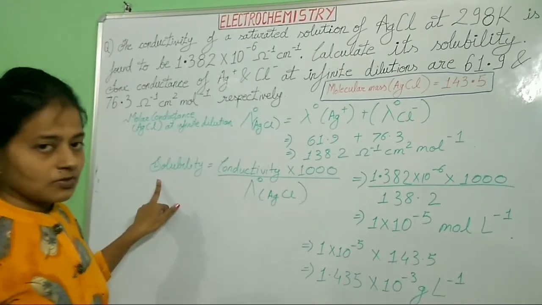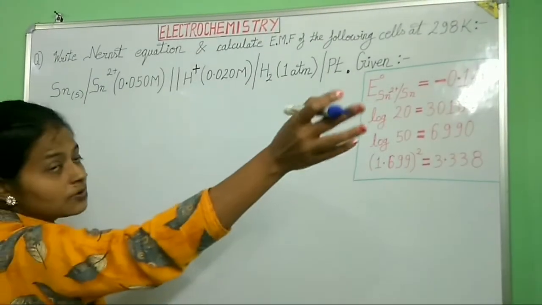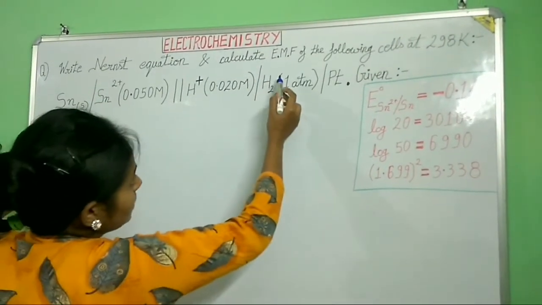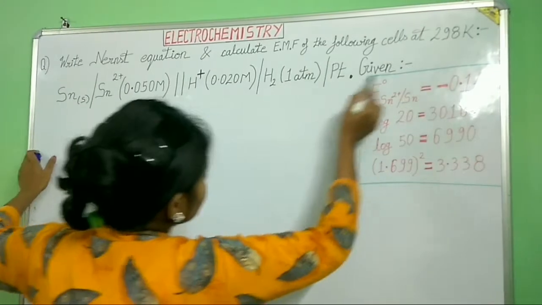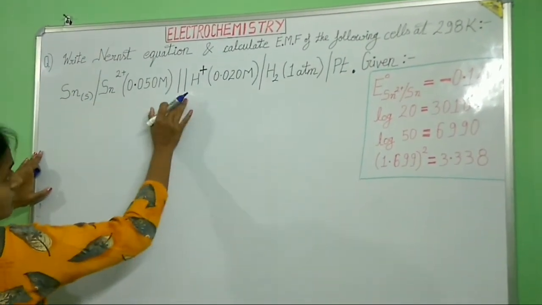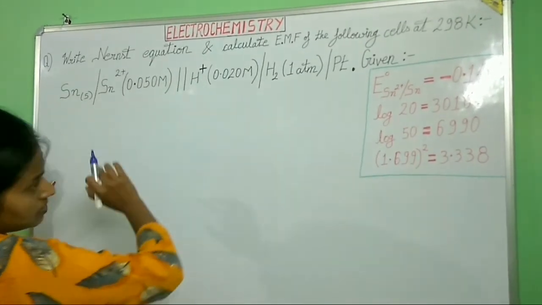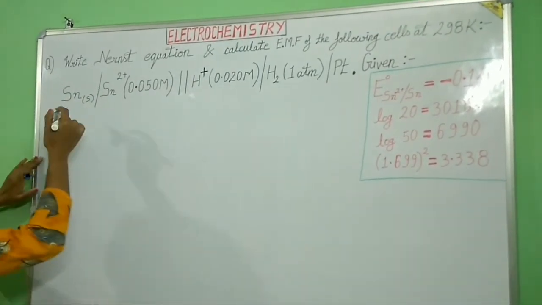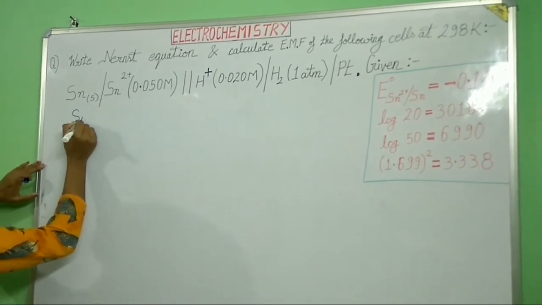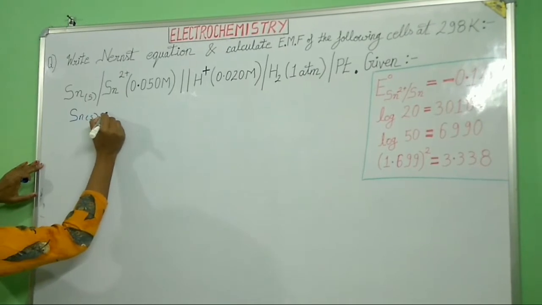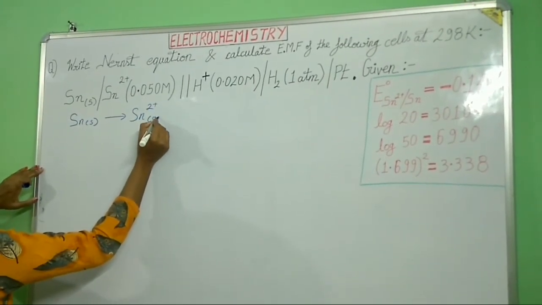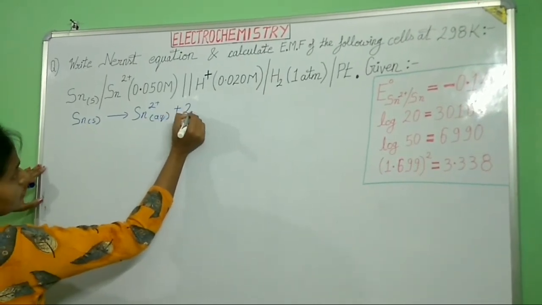Okay, let us move to the next. So, let us come to the next question, that is, write the Nernst equation and calculate the EMF of the following cell at 298 Kelvin. This is the following cell given. This shows the anode part, this is the salt bridge, and this shows the cathode part. Now, let us first write down the electrode reactions. So, Sn solid will give Sn2 plus aqueous plus 2 electrons.